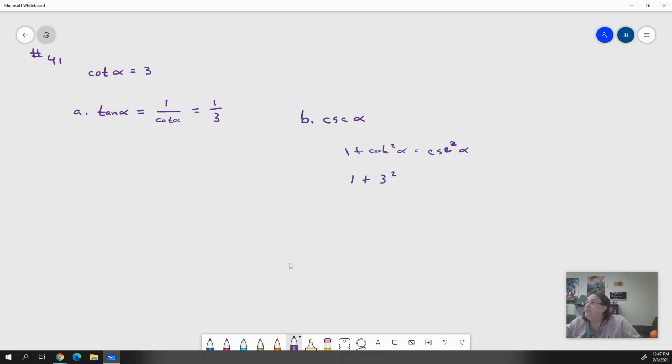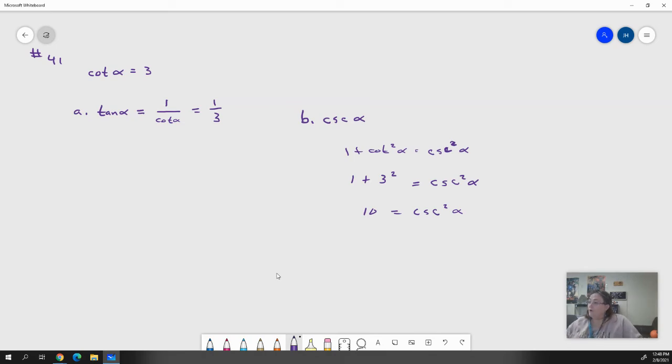Because we know that cotangent of theta equals 3, and this is cotangent of theta squared, equals cosecant squared of theta. I keep saying theta, but our variable is actually alpha. So 1 plus 3 squared, that's saying 1 plus 9. Well, that's just 10 equals cosecant squared alpha.